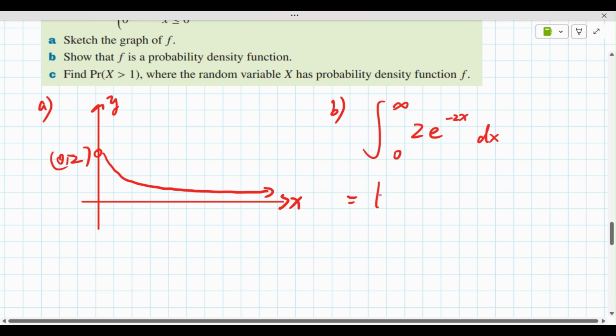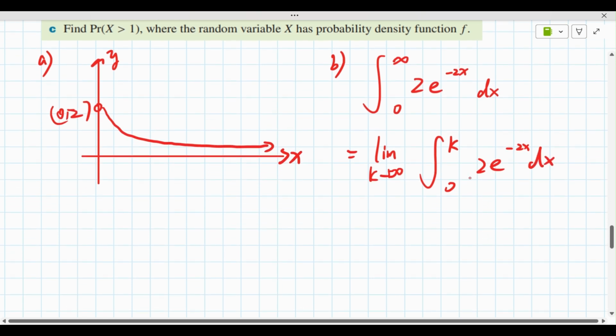We can say the limit as k goes to infinity of the integral from 0 to k of 2e to the negative 2x dx, and that equals negative e to the negative 2x from 0 to k.